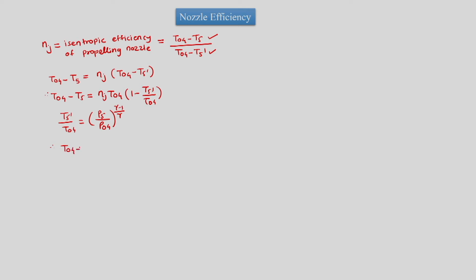So T04 minus T5 is equal to Nj T04 times 1 minus P5 upon P04, bracket raised to gamma minus 1 upon gamma. Thus, as it is said, this is equal to half Cj square.